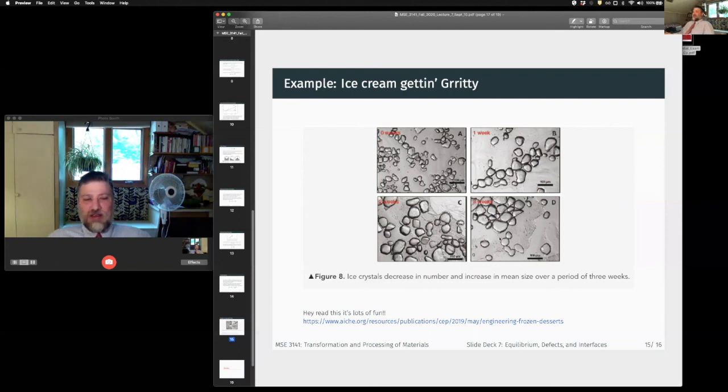In my mind, the worst possible ice cream experience is gritty ice cream. This is almost as bad as ice cream that's partially melted and refroze, where you get those really big ice crystals. But this happens at a temperature just below freezing, over a period of several weeks.